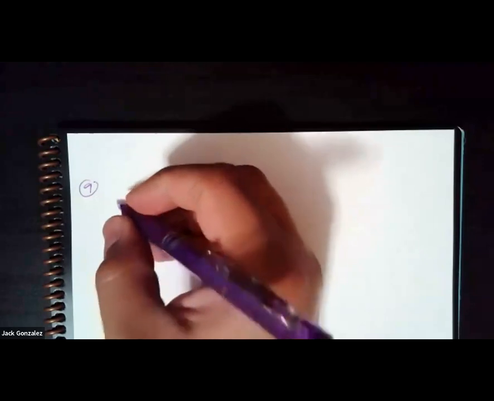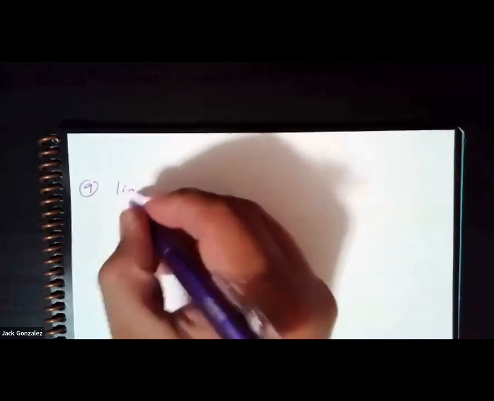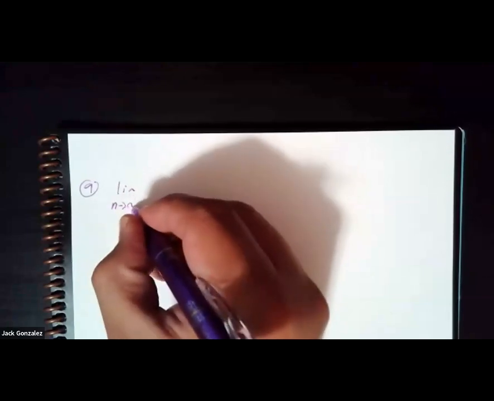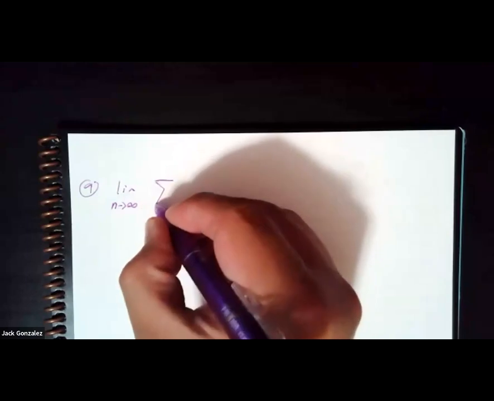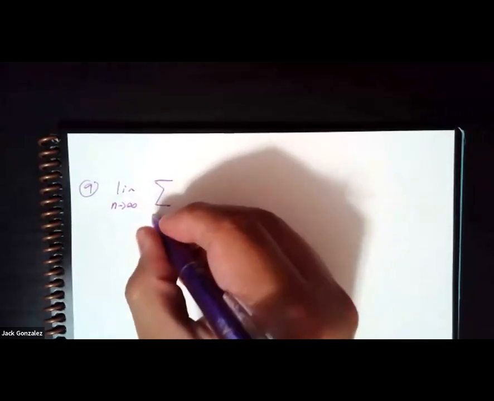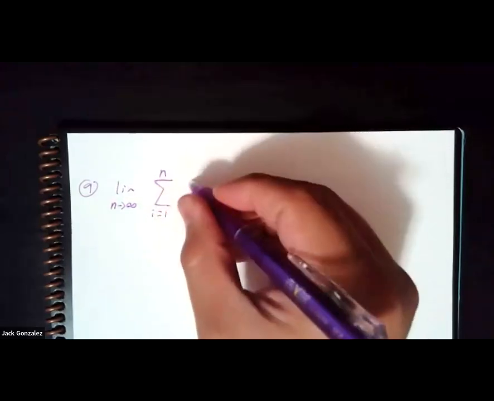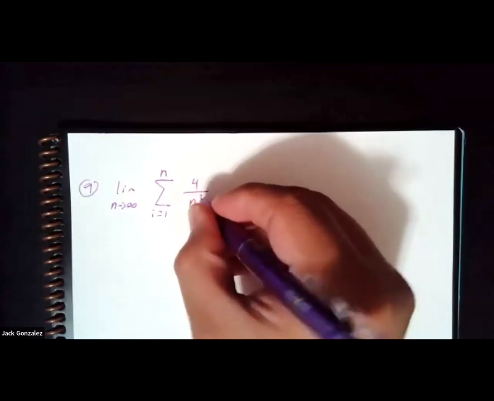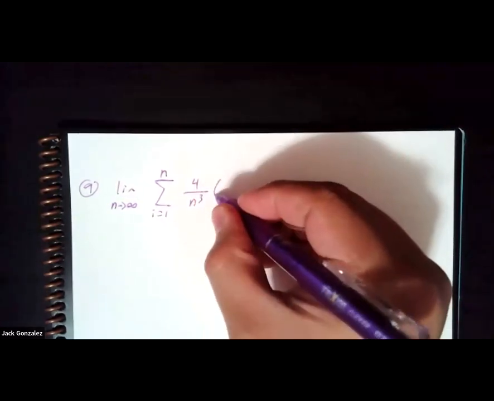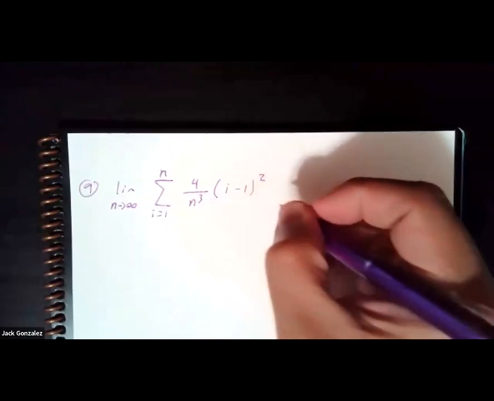From the homework. So we have the limit as n approaches infinity of the sum I equal to 1 to n of 4 over n cubed times (I minus 1) squared.